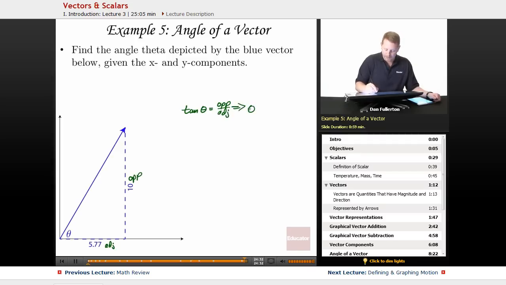Therefore, theta is going to be the inverse tangent of the opposite side over the adjacent side. Or theta equals the inverse tangent of the opposite side 10 divided by the adjacent 5.77, or 60 degrees.